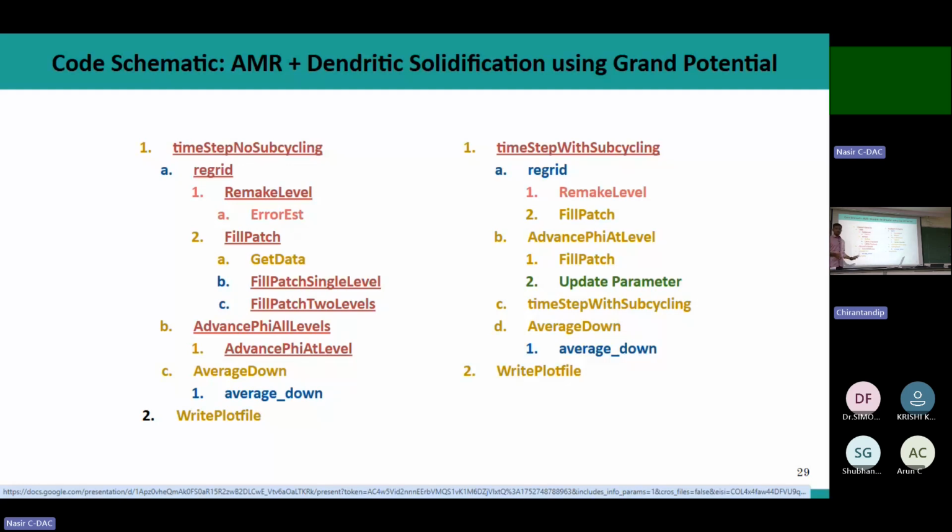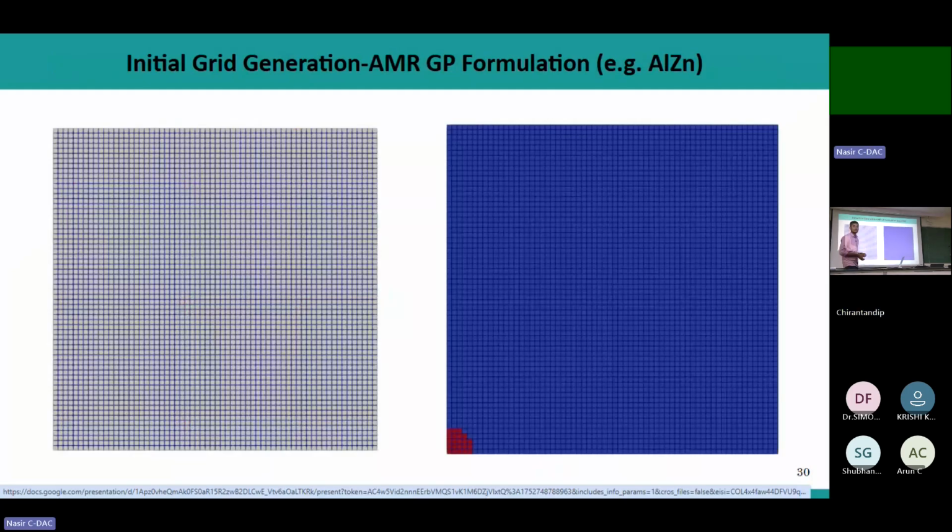That is our code, this is your code. This is the science. I can just call it, and this regrid function you will clearly see. Look at level L and L minus 1.